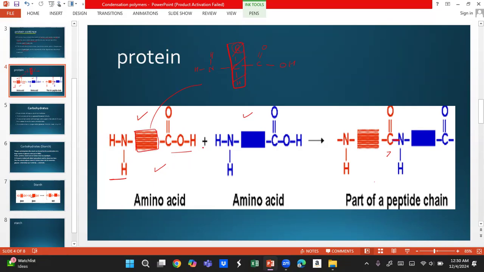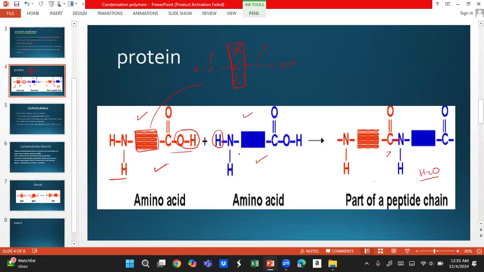Hope you understand now how these amino acids join together. So let's see in the middle first. The hydroxyl group from one amino acid and hydrogen from the amino group of another amino acid. This is the first amino acid, this is the second amino acid. Similarly, this way there are thousands of amino acids. They line up and join together to make a polypeptide chain and then protein. When OH and H combine together, they make a water molecule.